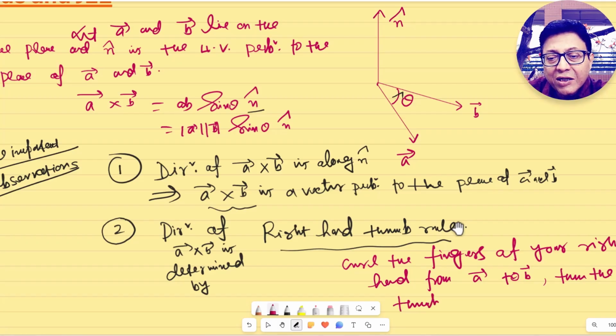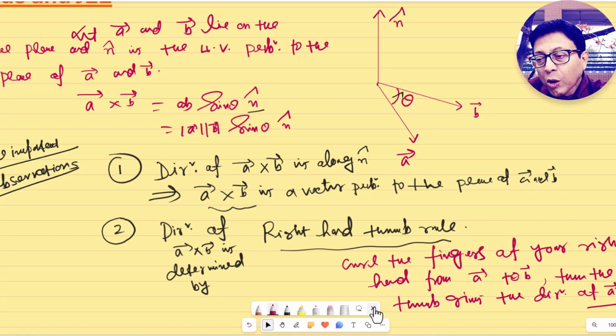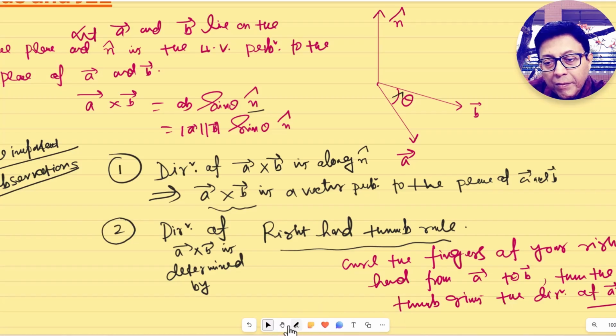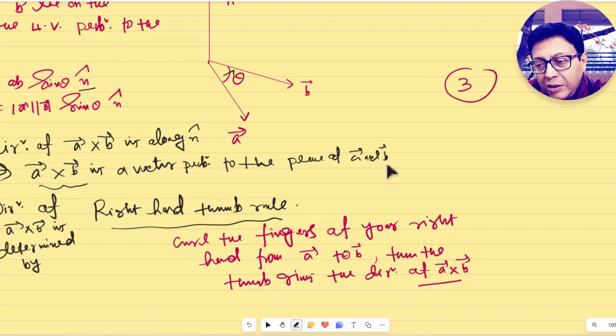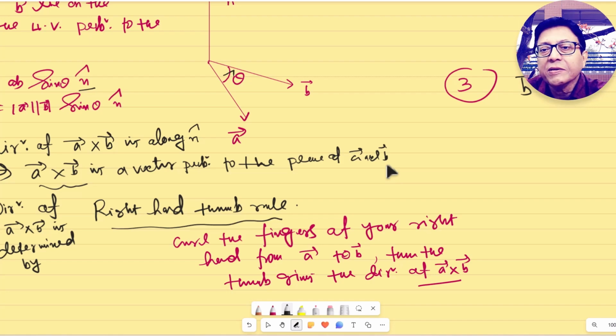So once more, I am just writing here: curl the fingers of your right hand from vector A to B, then the thumb gives the direction of A cross B. Understood?